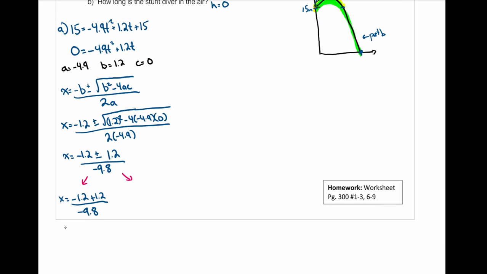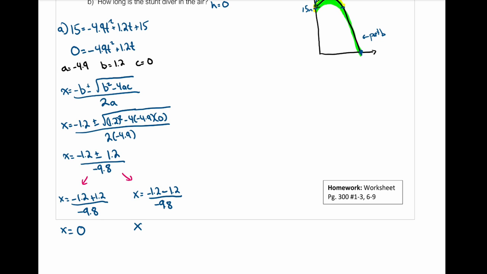In this case, negative 1.2 plus 1.2 is 0. So 0 divided by negative 9.8 is just 0. Which makes sense because we know that when time equals 0, the height is 15. Because we know that's where he's starting from. That's his starting platform.